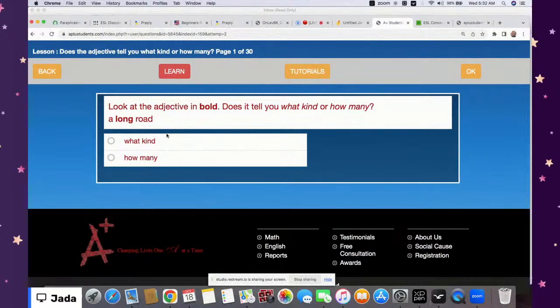Write your answers in the chat if it's the first or the second. For this question we have number one or number two. Is it telling us what kind of road or how many roads we have? Which one?